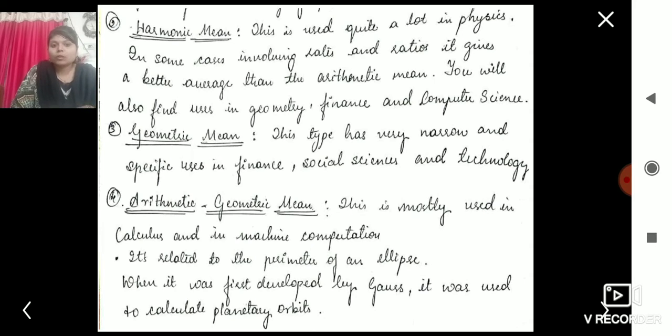It's related to the perimeter of an ellipse. So you can just imagine how the calculations would be: perimeter of an ellipse, where arithmetic is required and geometry is also required. That's how the arithmetic geometric mean comes into the picture. When it was first developed by Gauss, it was used to calculate planetary axes.